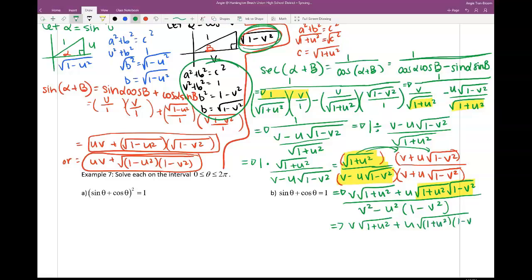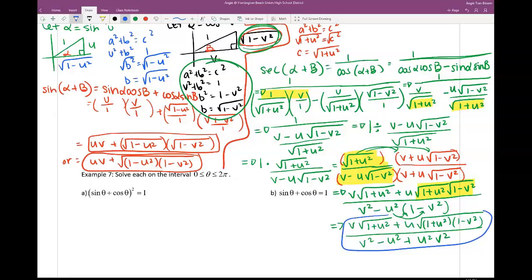Either way, they are the same, all over. On the bottom, v squared, I'm just going to distribute this, minus u squared times negative u times a negative u squared times a negative v squared is positive u squared v squared. Well, not much you can do, so guess what? That is my final answer.